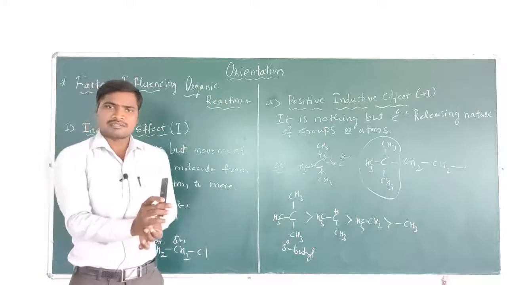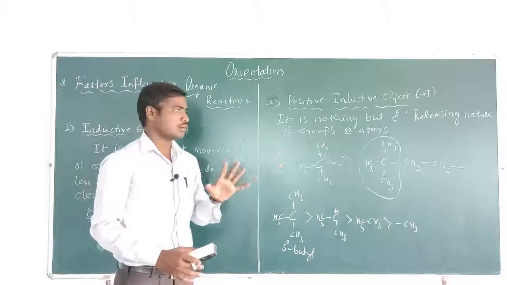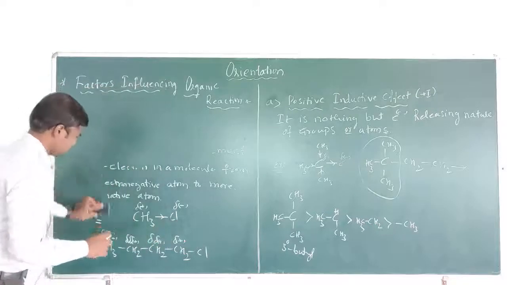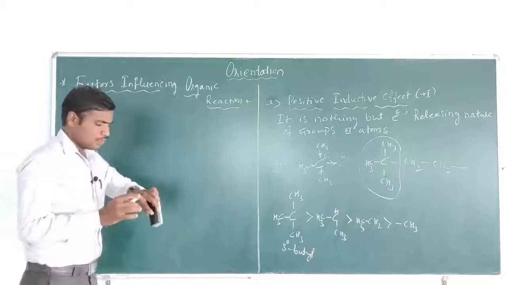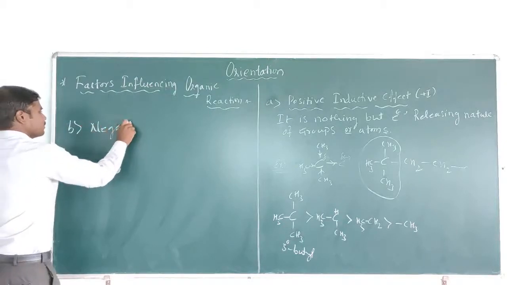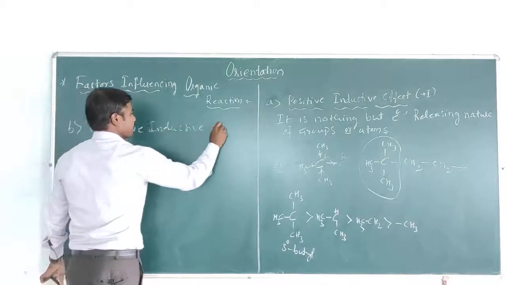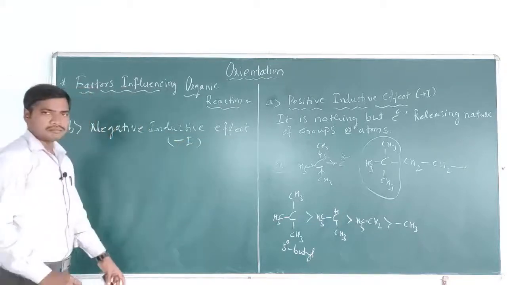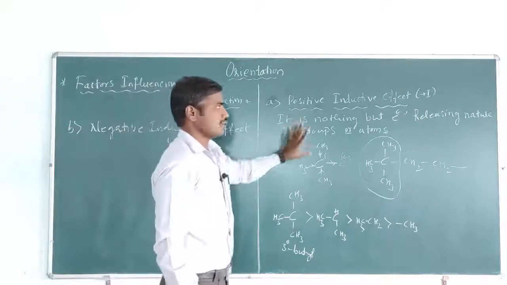So positive inductive effect is nothing but the electron releasing nature of the groups in a molecule, which we call the plus I effect. The second type of inductive effect is the negative inductive effect, which we represent by the symbol minus I. It is totally in contrast to the positive inductive effect.